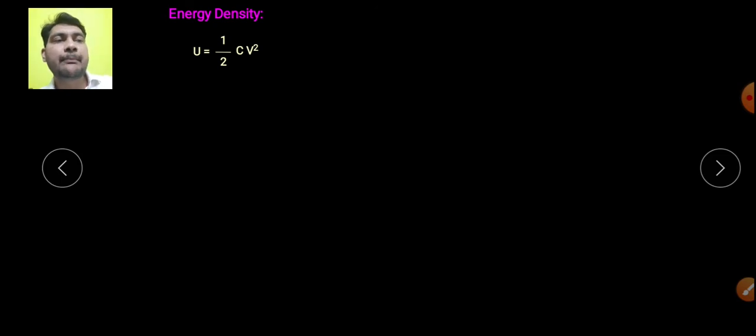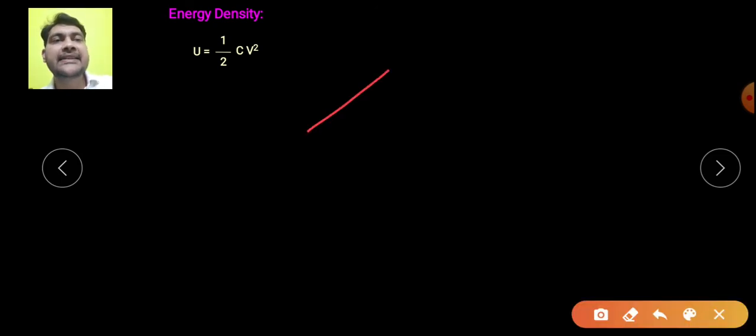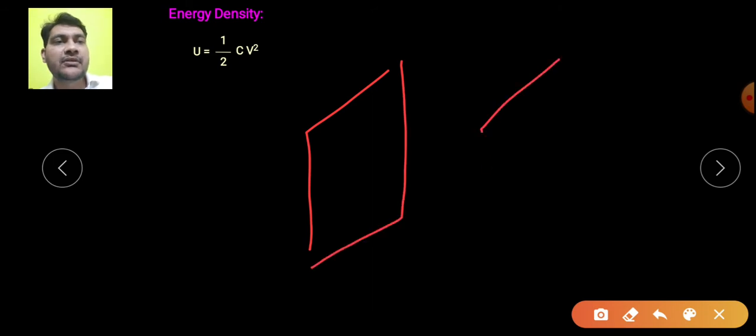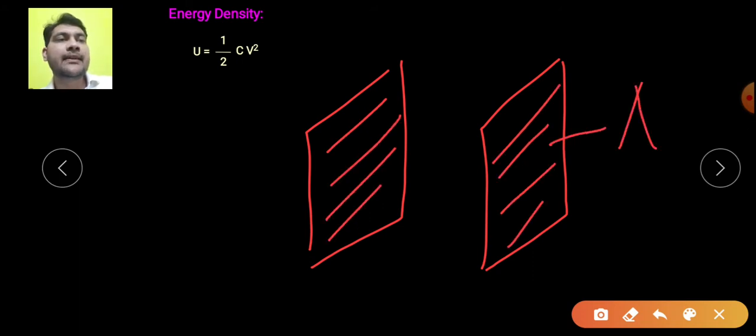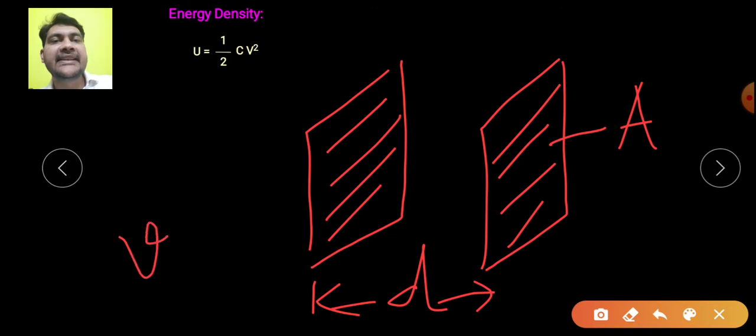Suppose you have parallel plates, and the area of each plate is A, and the gap between the plates is small d. Then what is the volume of the capacitor? Volume of the capacitor is V equal to area multiplied by gap.